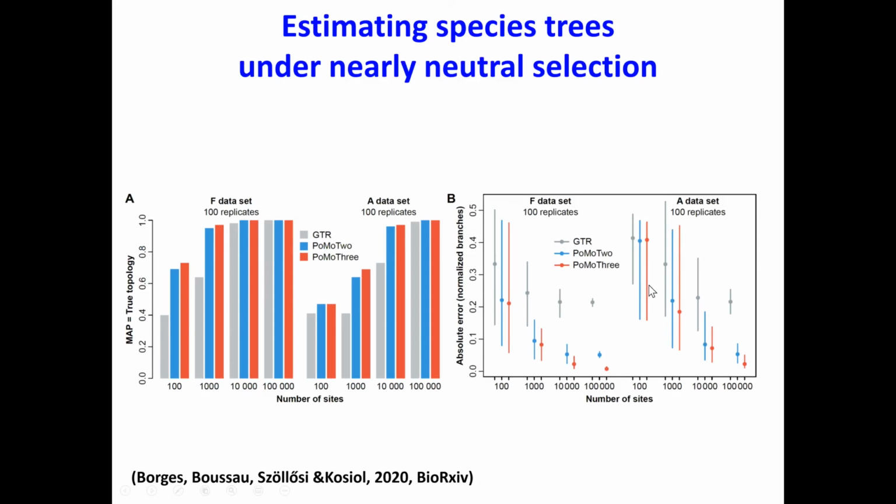Where it gets really interesting is if you look at the branch lengths and the error there, because with standard GTR models versus the model which allows for polymorphic states and selection, you really see a difference, and it does make a difference.